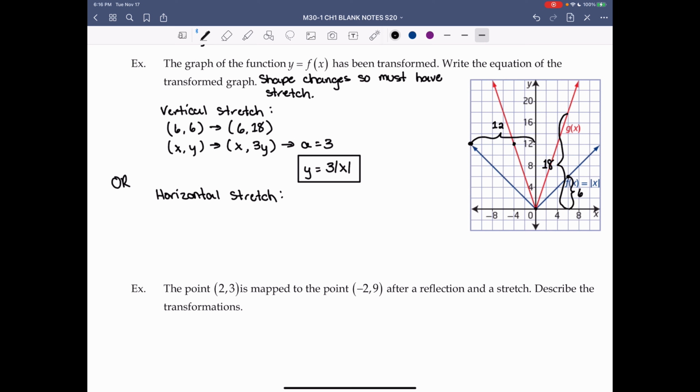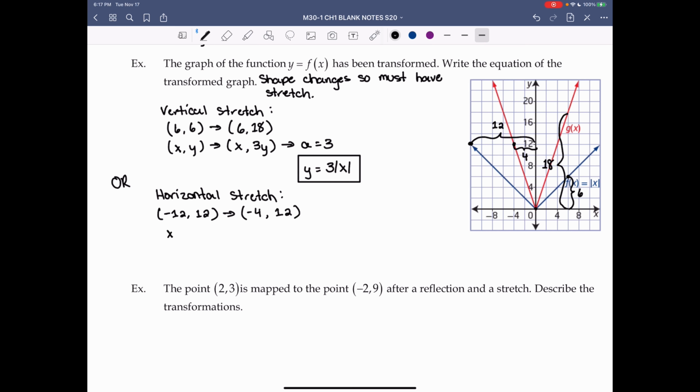And then on the transformed function, our point that has a y value of 12 is at negative 4, so 4 away from the y-axis. Then the point on f of x, which was negative 12, 12, was mapped to the point on g of x that has an x value of negative 4 and a y value of 12.